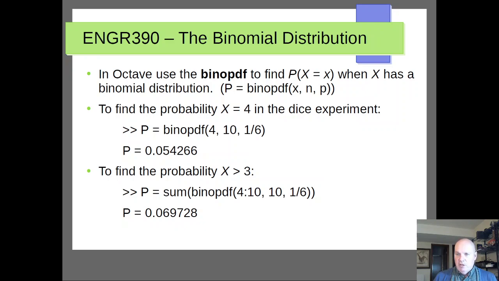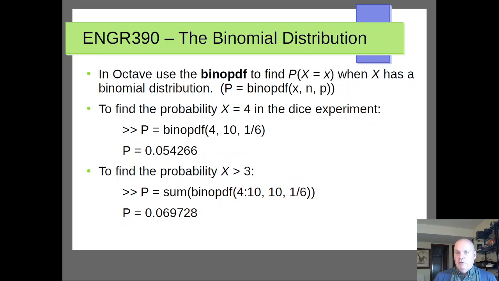To find the probability that x is greater than 3, we could add binopdf of 4 plus binopdf of 5, 6, 7, 8, 9, and 10. So we could call this function 6 different times. Alternatively, if you call binopdf with a vector, here going from 4 to 10, it will return a vector of those values: the binomial PDF evaluated at 4, 5, 6, 7, 8, 9, and 10.